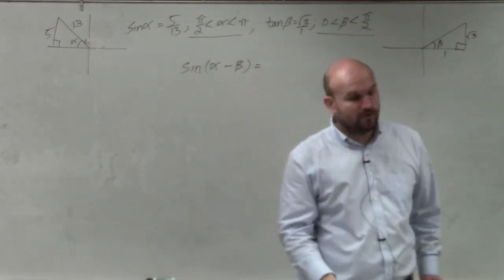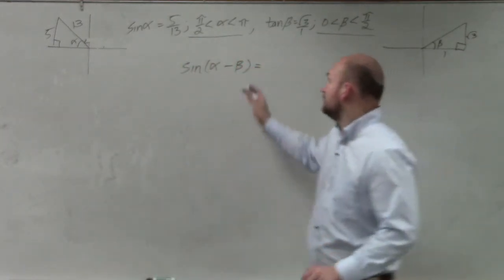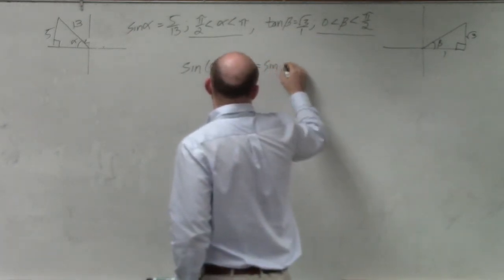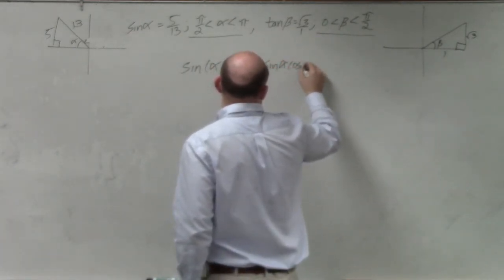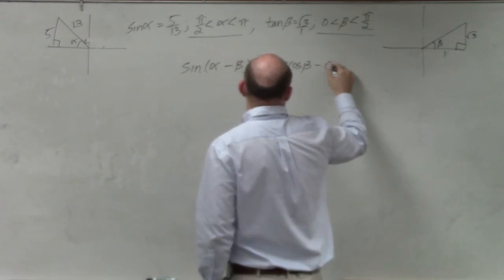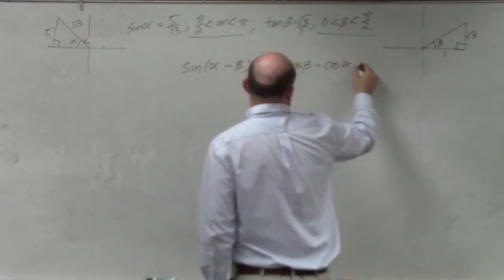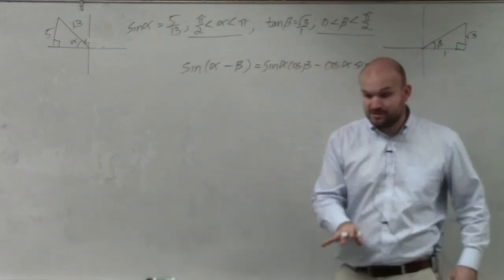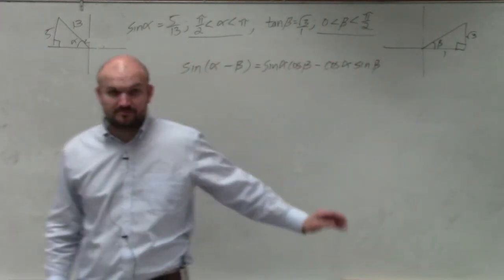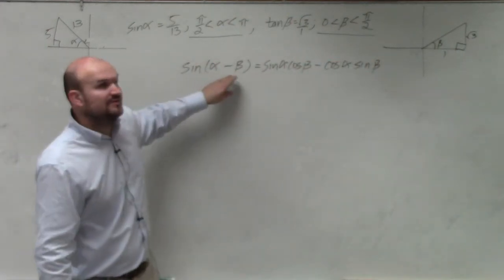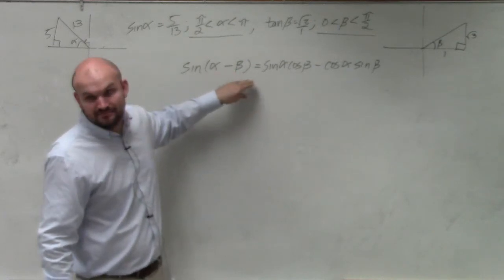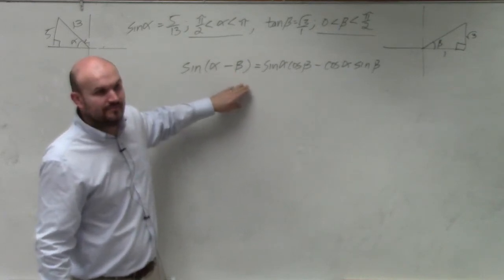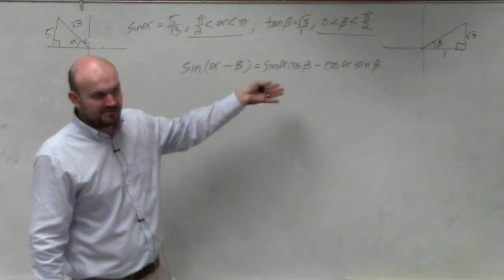So by using our formula on our formula sheet, we know we're going to need to have sine of alpha cosine of beta minus cosine of alpha times the sine of beta. That's just the formula per the formula sheet. Instead of using u and v, I'm using alpha and beta. So all I did was just replace my variables.